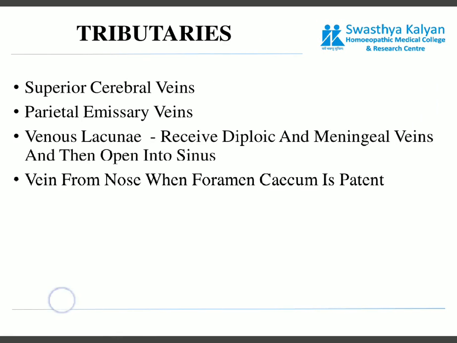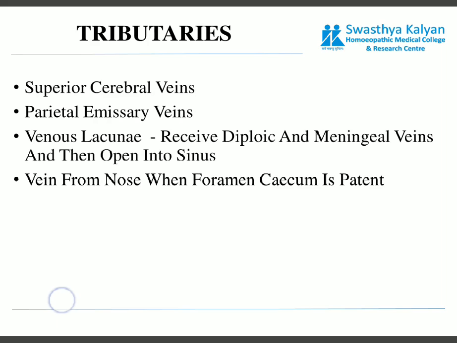The tributaries are the superior cerebral veins and the parietal emissary veins. Emissary veins, again, connect the extracranial venous system to the intracranial venous system. So from the side of the parietal bone, there are emissary veins. Then venous lacunae.